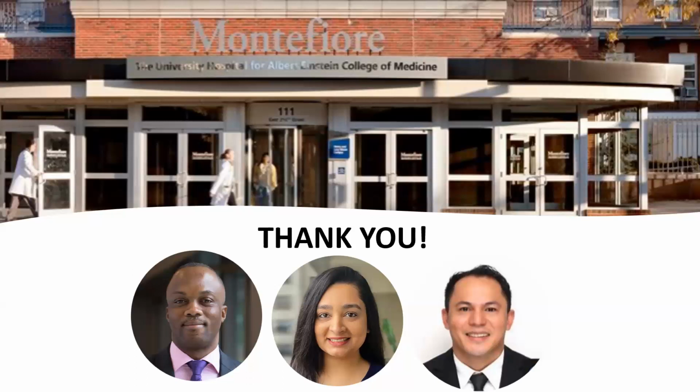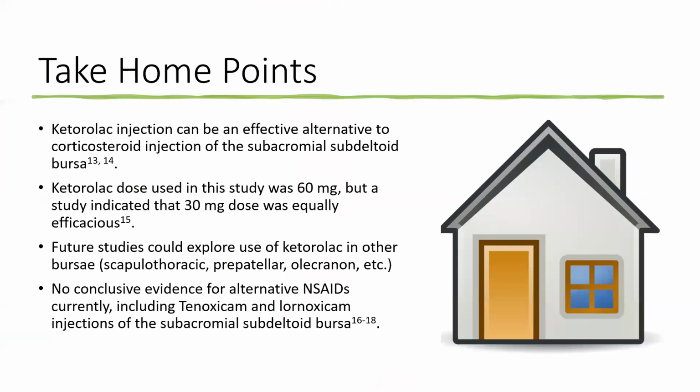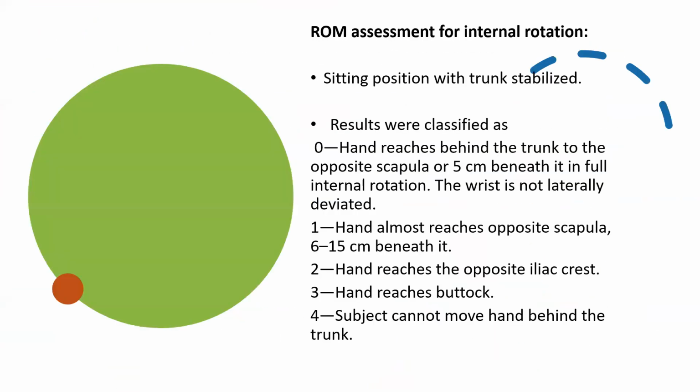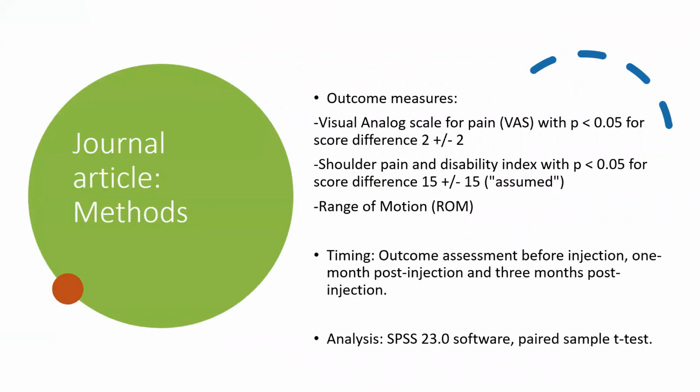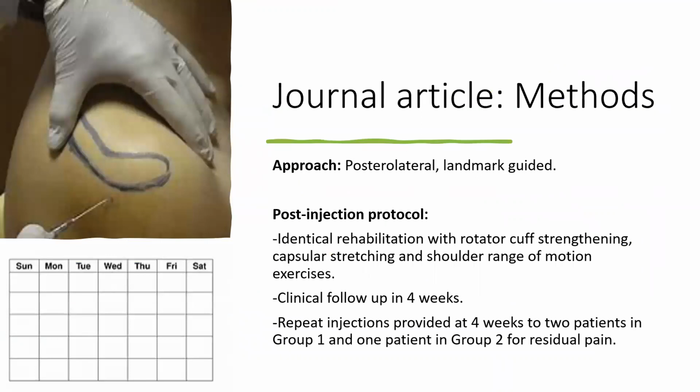Right. Based on their injection protocol here, what was curious to me is how it departs from the way I practice, and probably you as well, where after 4 weeks, if someone still has symptoms, they were willing to give them another injection, which is not typically something I would do.